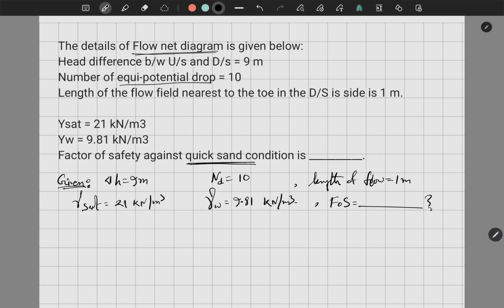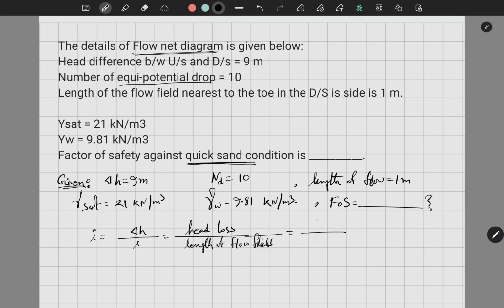Then we will see what the gradient will be. The gradient is the change in head difference by the length. Okay, head loss divided by the length of the flow field, which is given. Length of flow field is equal to what?